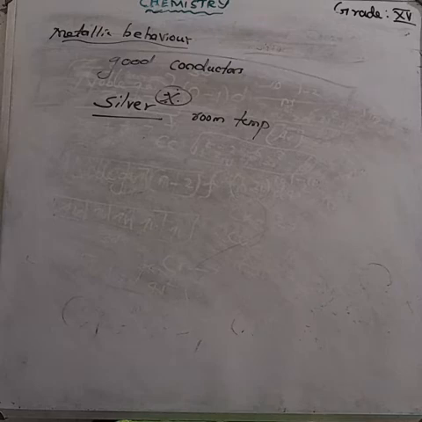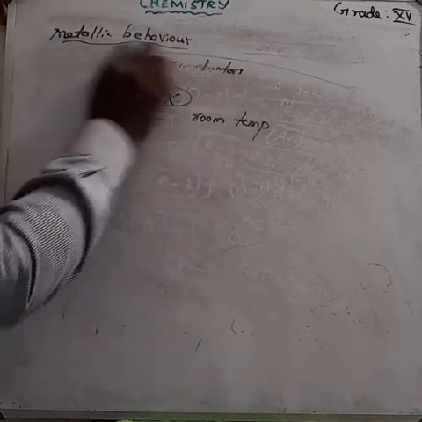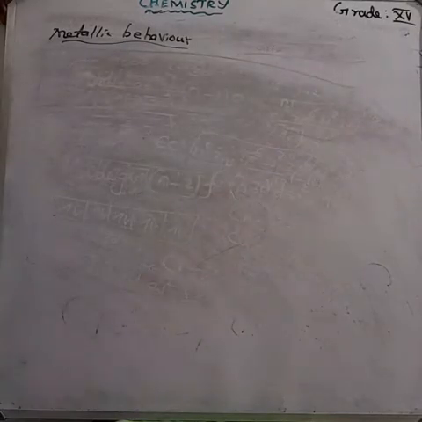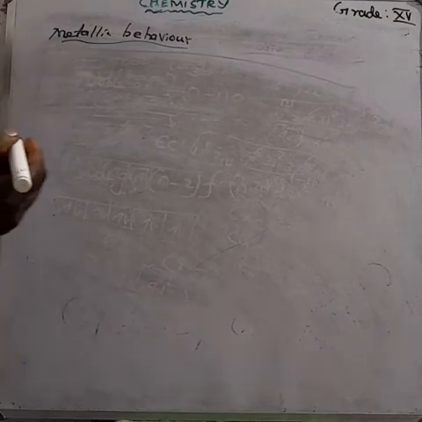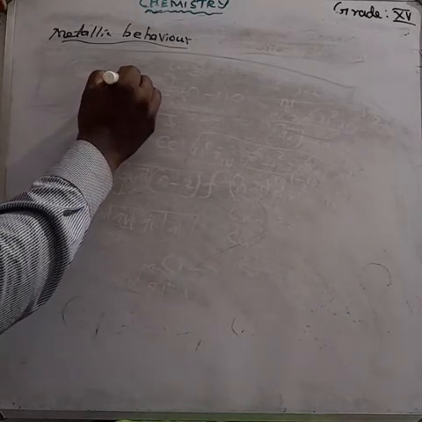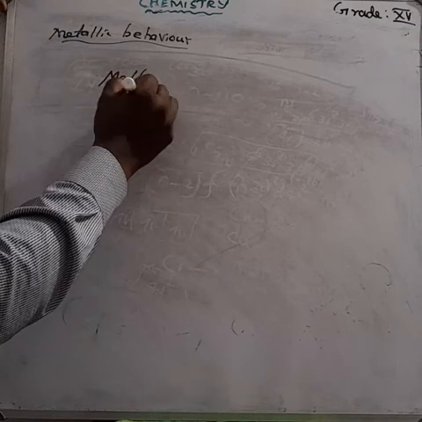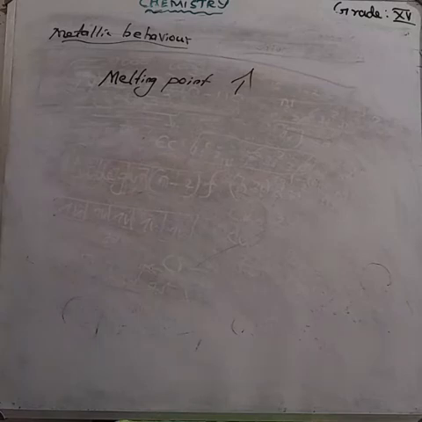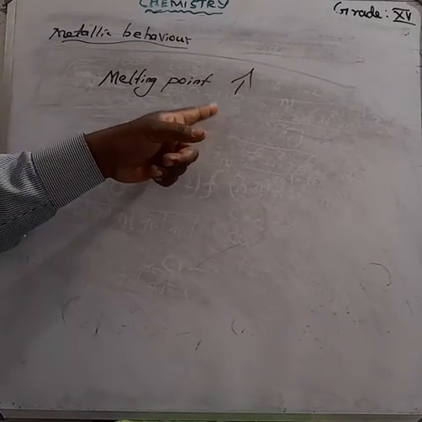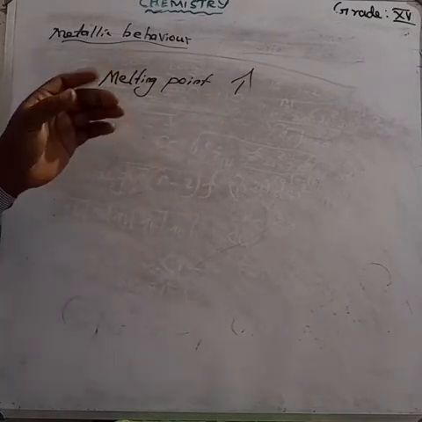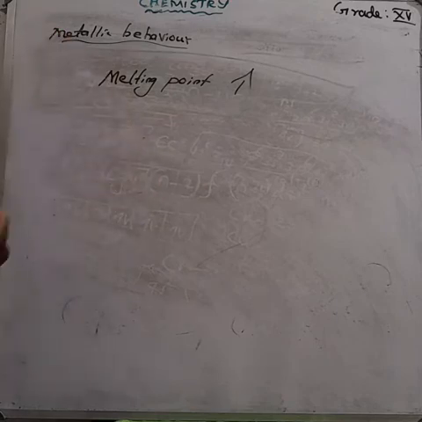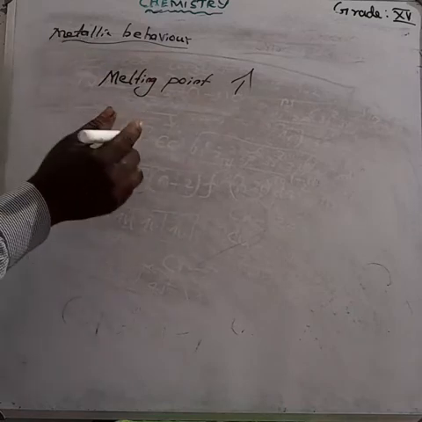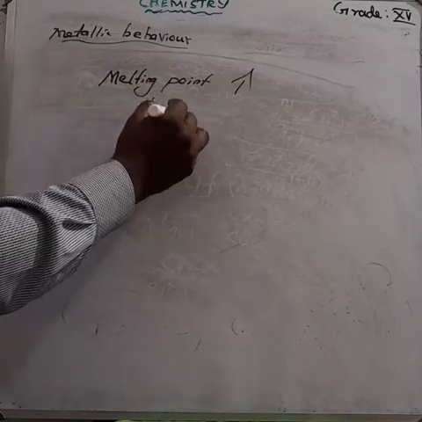Next, one of the important points: as we move from left to right in the periodic table, the transition metal series, the melting point first increases. What happened to the melting point? It first increases as the number of unpaired electrons available for metallic bonding increases, reaches a maximum value and then decreases.